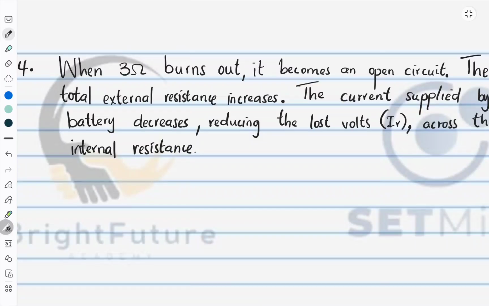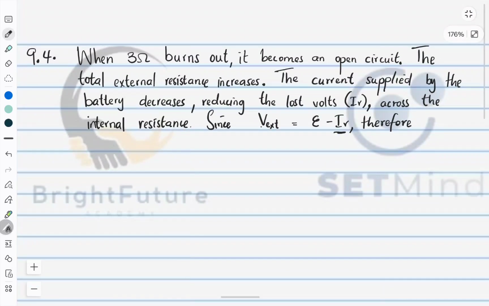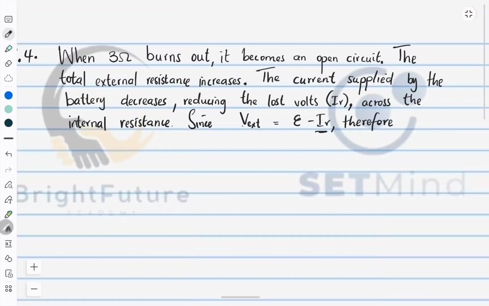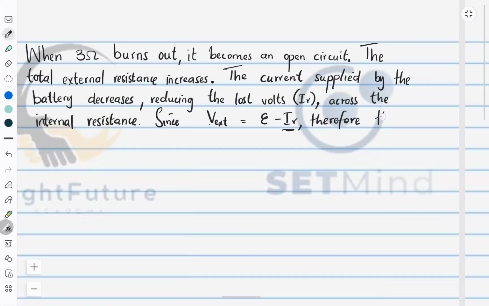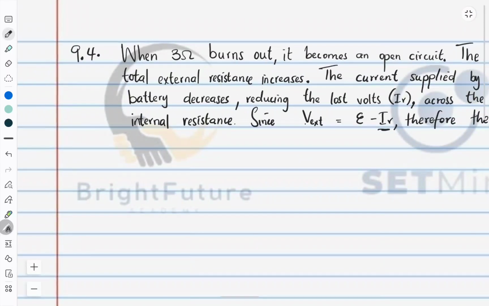Right, now I'm concluding. Since the external voltage, Vext, is the EMF minus the lost volts, therefore, if we drop the lost volts, the reading on V2 increases.